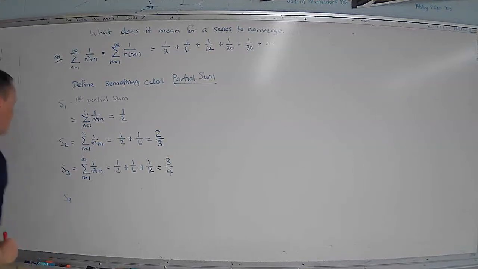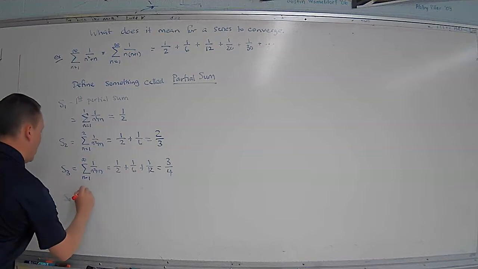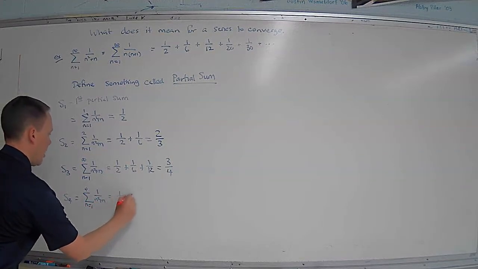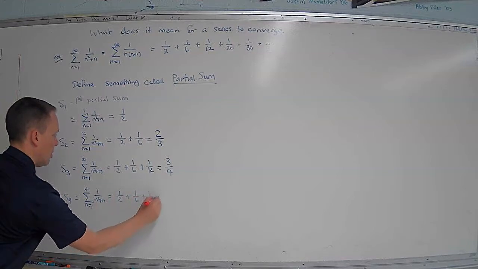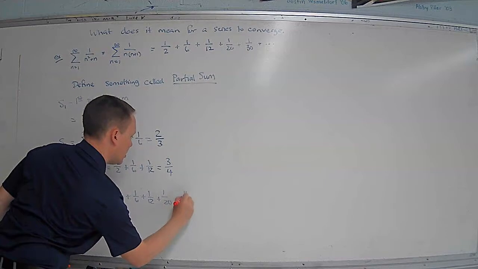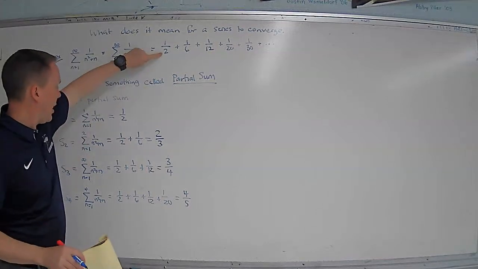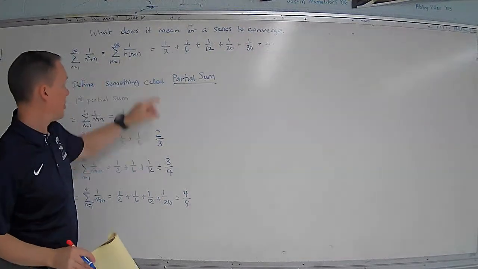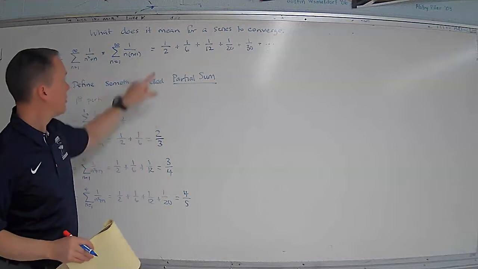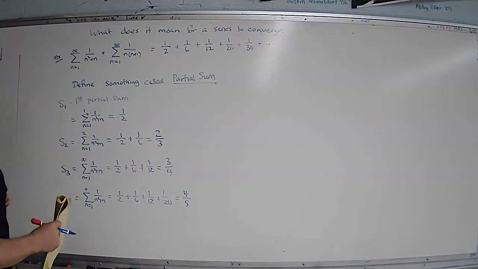The fourth partial sum starts with n equals 1, and we add up 4 terms: 1/2 plus 1/6 plus 1/12 plus 1/20. And that's 4/5. So I add up 1 term, I get 1/2. 2 terms, 2/3. 3 terms, 3/4. 4 terms, 4/5, sorry.